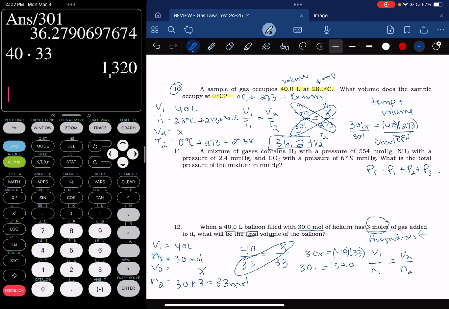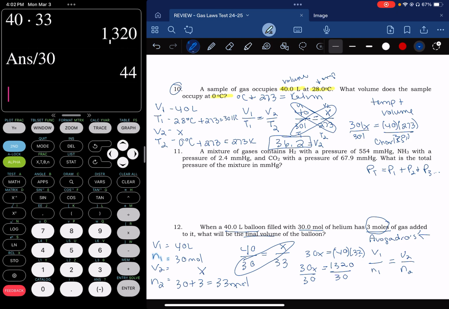Now 1,320 equals 30x, and we need to get x by itself, so we divide that by 30 and we get 44. That is our answer. This is how you do that cross multiplication and division that you see with our direct relationships. Hopefully that was helpful.